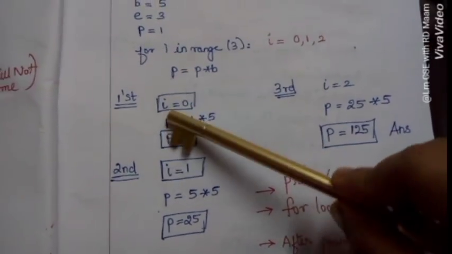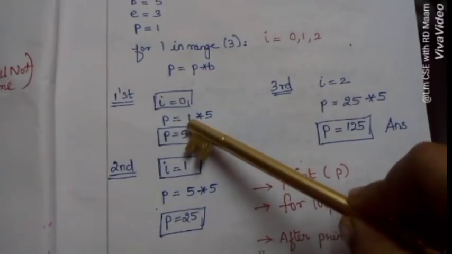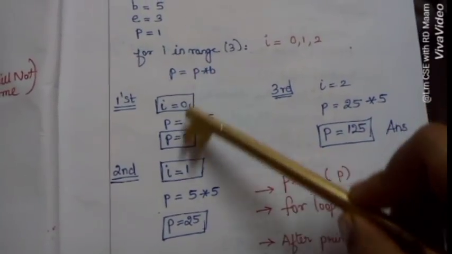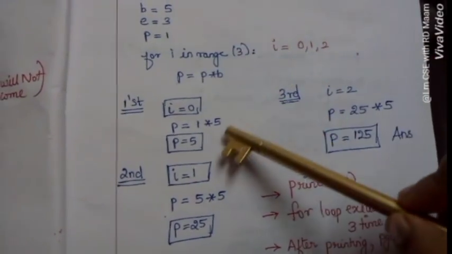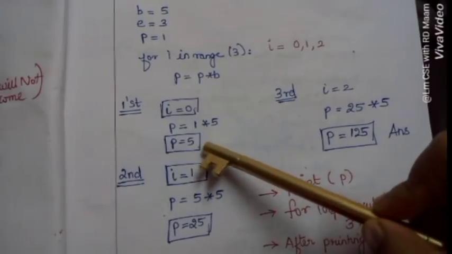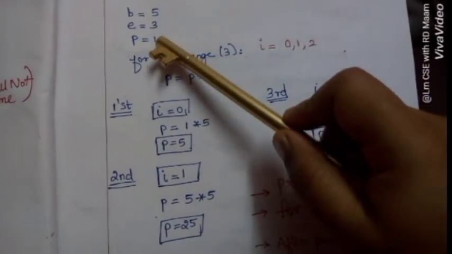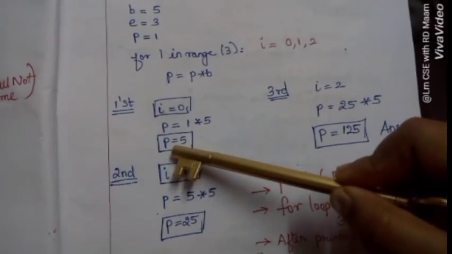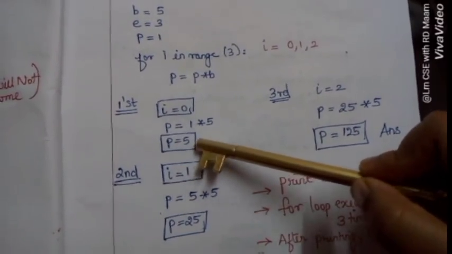For the first iteration, when i is equal to 0, p is equal to p, the value of p is already known, 1, into b, which is 5. So my p value is 1 into 5, which is 5. This is my updated p value. My previous value was 1. My updated p after the for loop execution is 5.